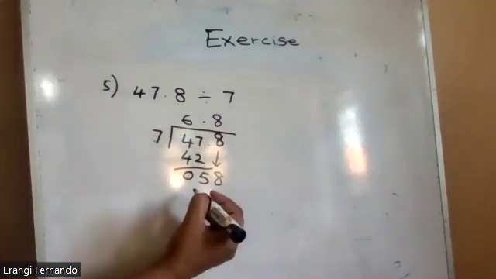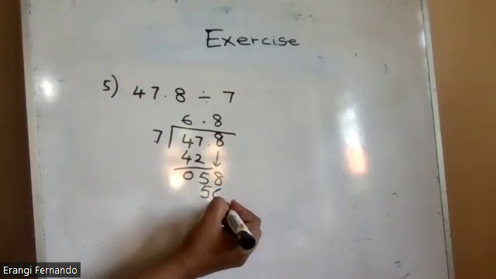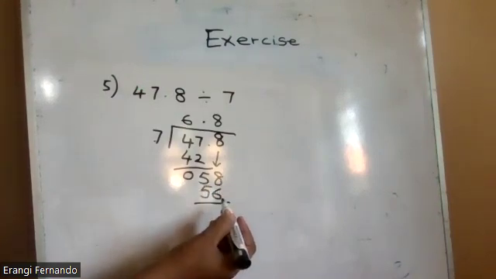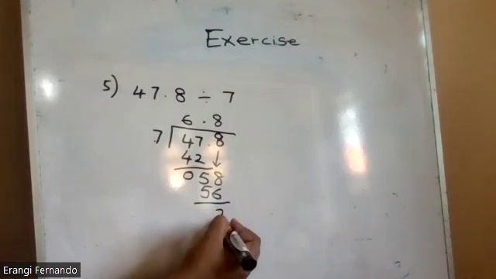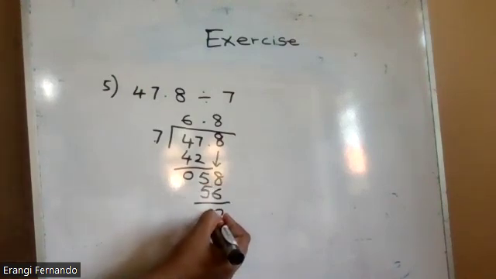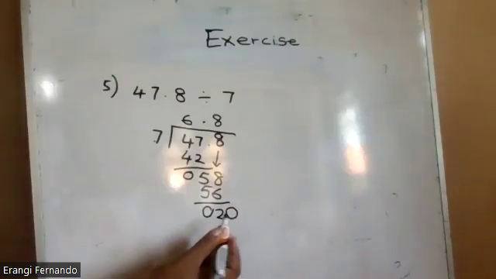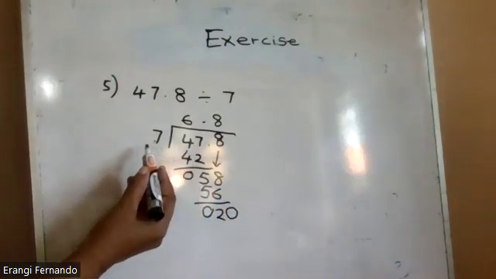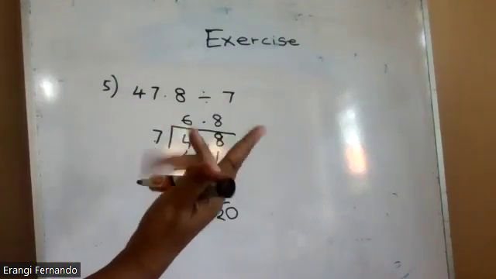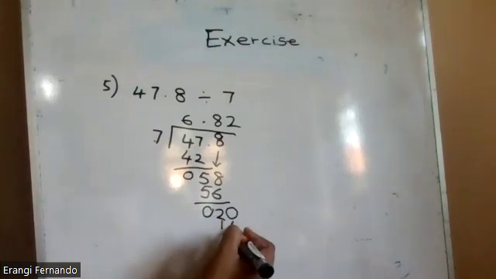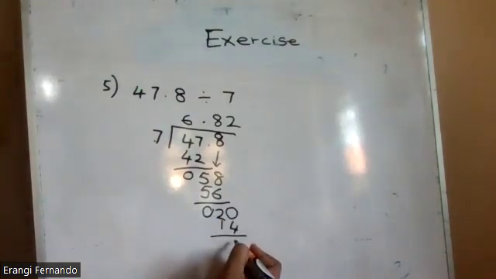7 times 8, 56. So now you have to subtract. From 8, when you subtract 6, it's 2. 5, when you subtract 5, it's 0. Then you have to put 0 here. For 20, 20 divided by 7, there are 2. 7 times 2, 14. So subtract. When you subtract 14 from 20, it's 6.